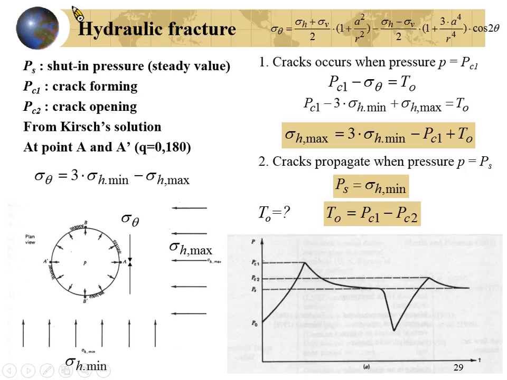Then how about the sigma theta? The sigma theta in this direction will be, can you tell me? Three sigma H minima minus sigma H maxima, correct? How about here? Three sigma H maxima minus sigma H minima.